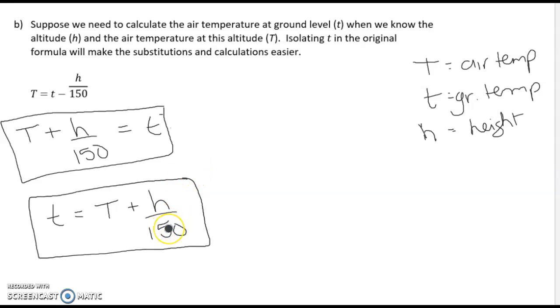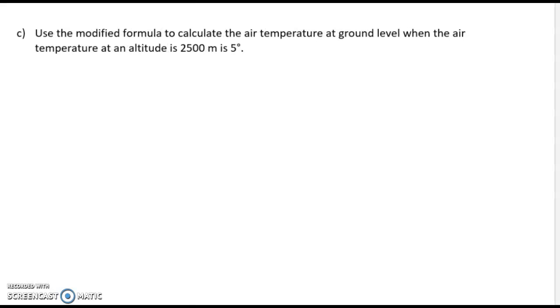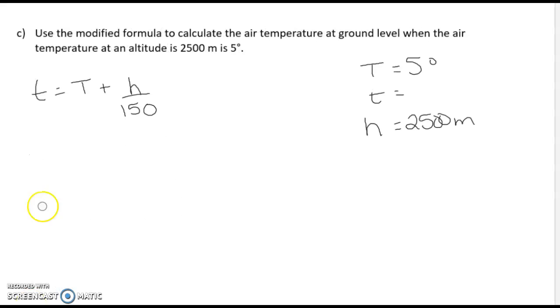Let's do this now to answer the question on the other side. I copied the formula over here, so we have little t equals capital T plus h over 150. And here I just filled in what we know. The temperature in the sky is 5 degrees Celsius.